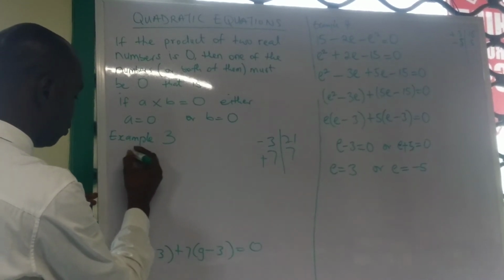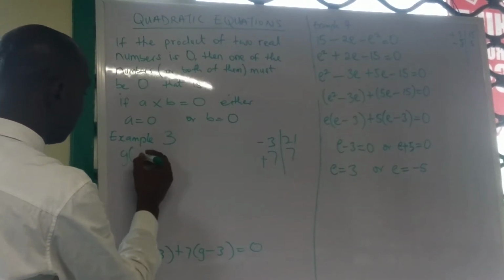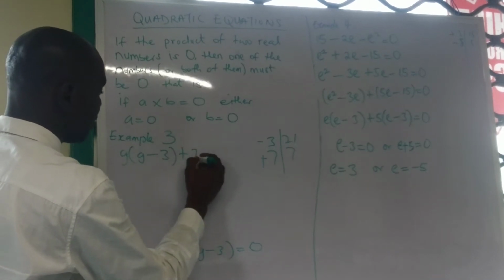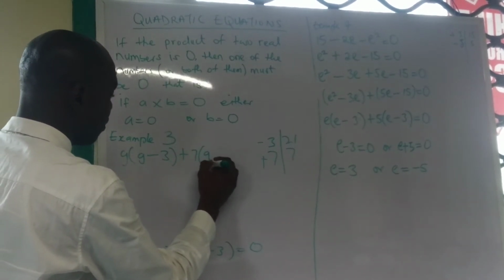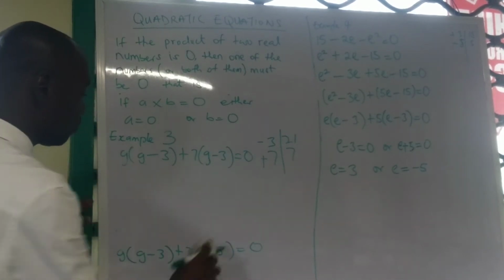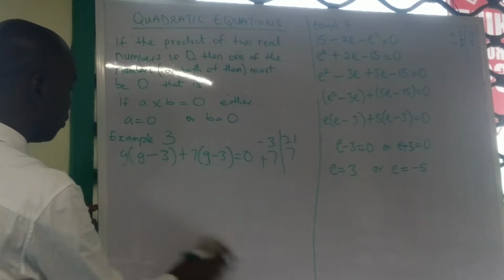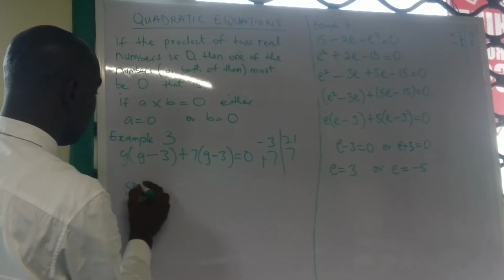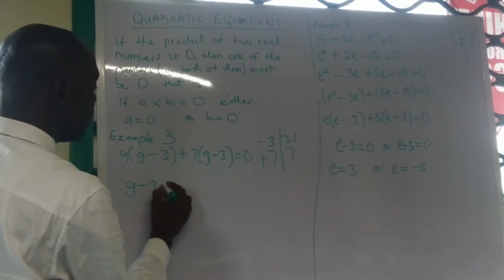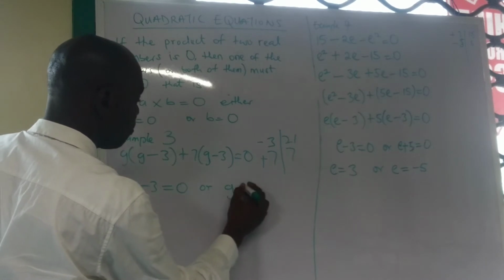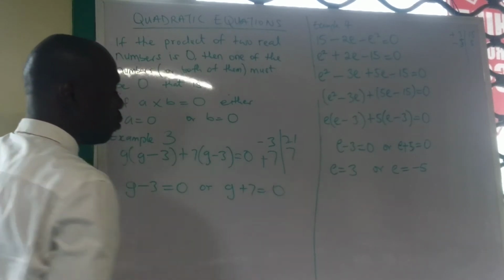Let's move further from here. This now turns to g minus 3 in bracket plus 7 times g minus 3 equals 0. So with this, it will now turn to g minus 3 equals 0, or g plus 7 equals 0.